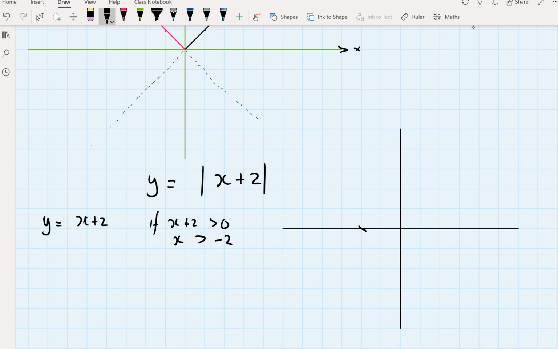Minus 2 is over here on the graph. And so we're going to have the graph y is equal to x plus 2, and that's the line that goes like this. Got a gradient of 1, crosses the y-axis over here at the point 0, 2. Meets the x-axis at the point minus 2, 0.